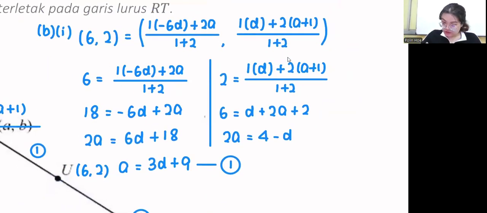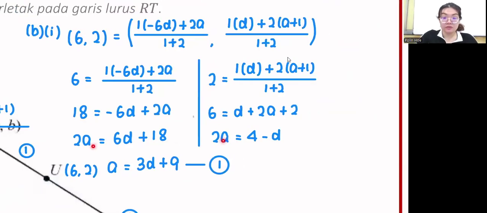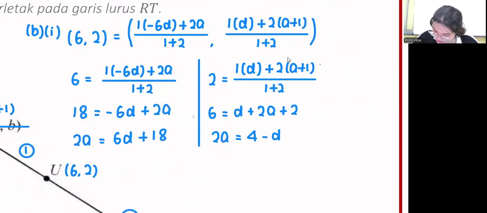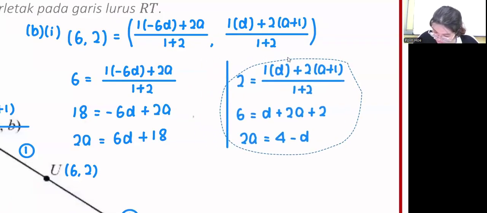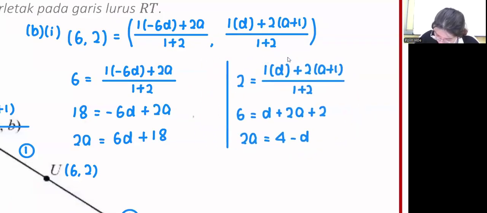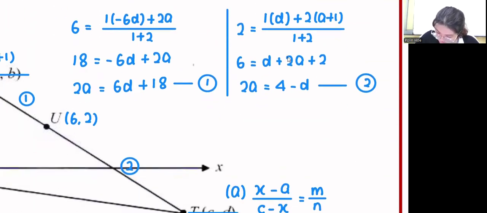Algebra only. So since here got 2a, here also got 2a, I'm not going to use this line anymore, to make my life easier. This is just some algebra. So equation 1 equals equation 2.